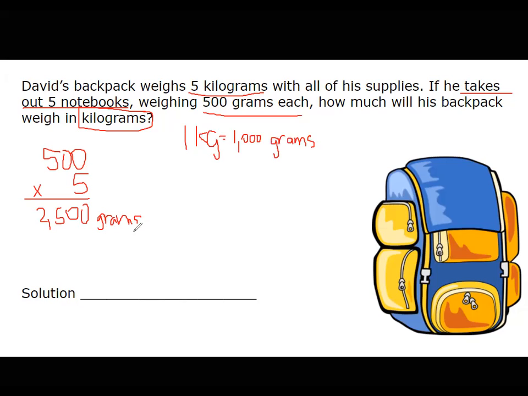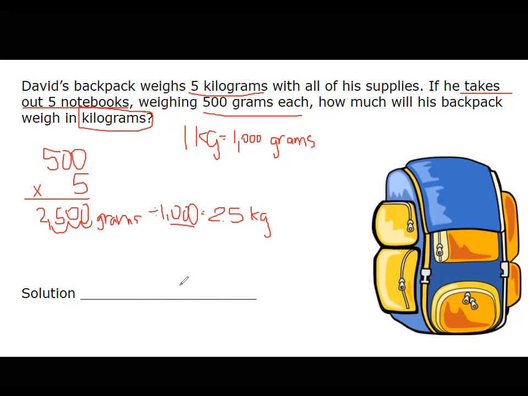So if we're going from a smaller unit to a larger unit, we are going to divide. So we're going to have to divide by 1,000, which means we can use what we know about multiplying and dividing by powers of 10. So we're dividing, so we're going to put our decimal here at the end of the number, and we're going to move to the left 3 times. So we move 1, 2, 3. So that gives us 2 and 5/10 kilograms.